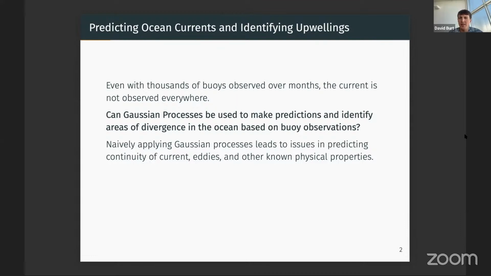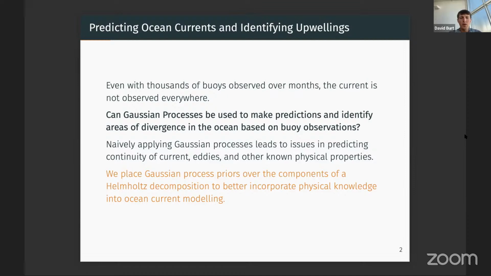For example, if you observe buoys moving in one direction in one place, and in the same direction in a nearby place, you might expect continuity of current, and this isn't always exhibited well with the straightforward application. Also, the straightforward application isn't very good at completing eddies or vortices, so rotational flows within the ocean, and other known physical properties of current. I'll give some concrete examples later.